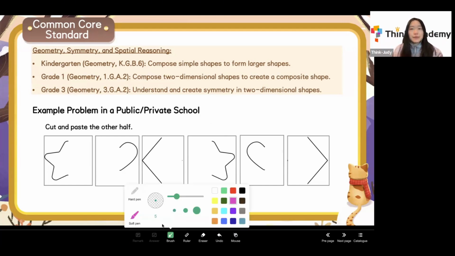However, in the school math, even if we're talking about similar questions, it's more obvious. We just need to see what the symmetry line is, and with the symmetrical lines, how we can figure out the missing part. All right, so that will be the difference. Math Kangaroo is already testing the spatial sense, the rotation and the flip, but it is not actually covered or mentioned in the school math.